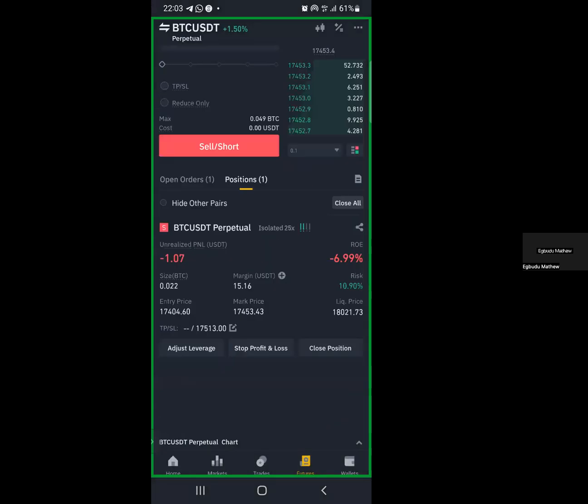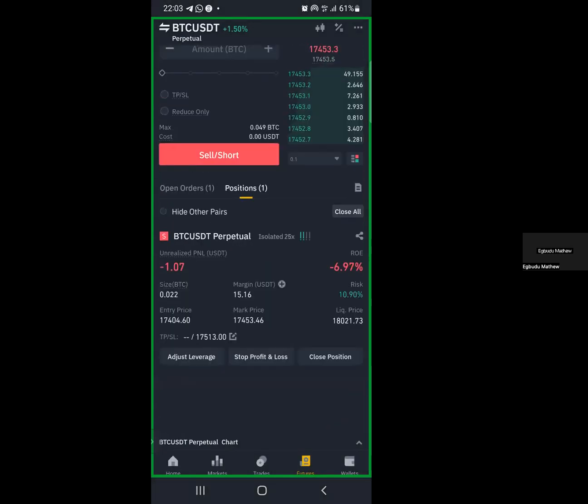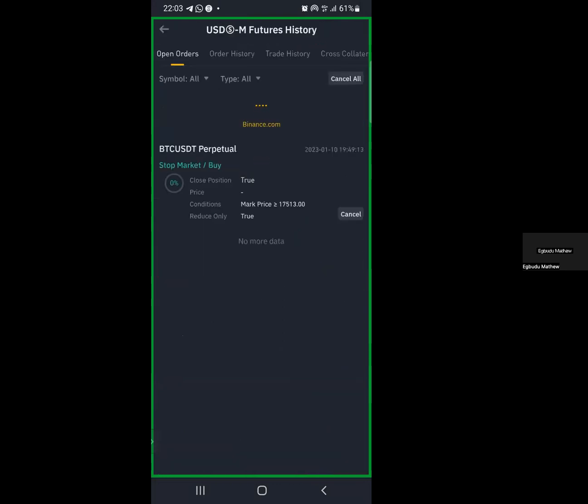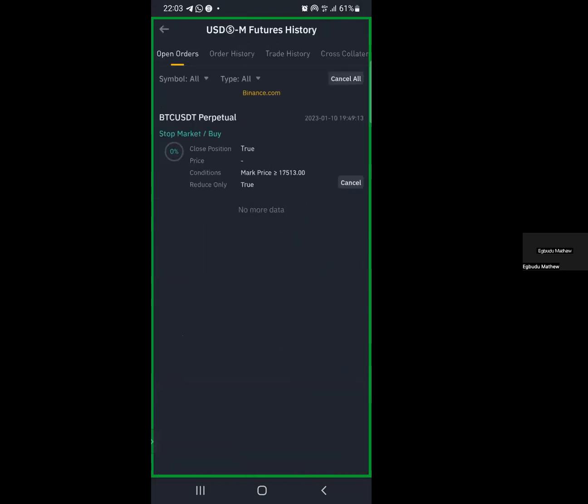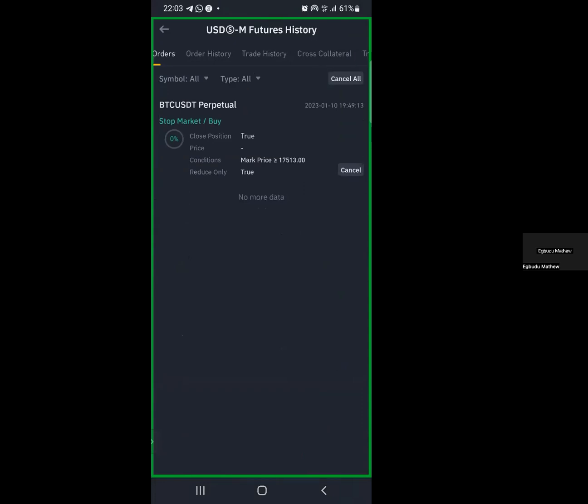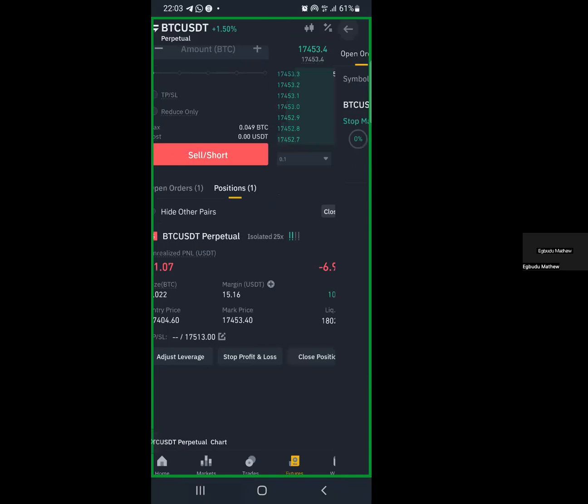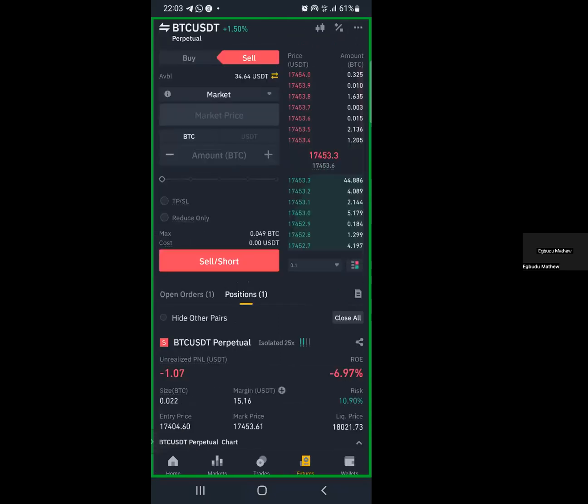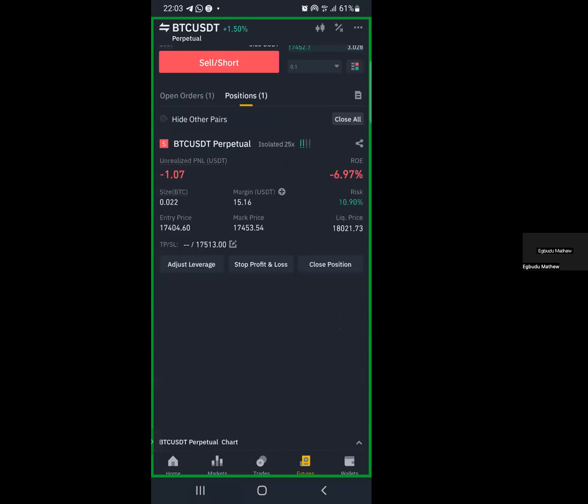So if you want to see your trade history, all you need to do is click on the envelope. You see all your open orders, your order history, trade history, transaction history, funding fee. If you want to cancel all pending orders, all you need to do is click on cancel and all the orders are gone. If you want to adjust your leverage, you can only adjust leverage if you are using a cross margin.